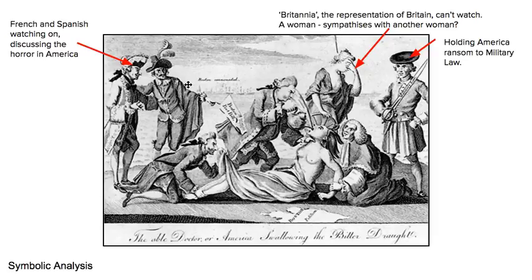And they are discussing what is going on in America, or happening to America, and they are in horror. They are observing. The Spanish are pointing their finger, and this is symbolic because at the same time, the French and the Spanish have colonies very close to the 13 American colonies.